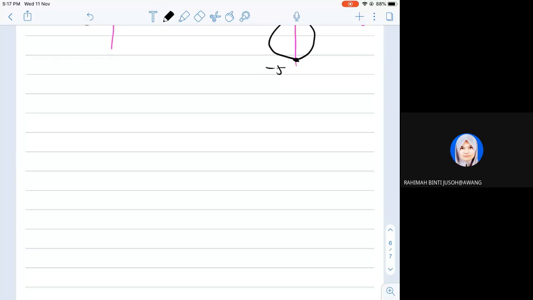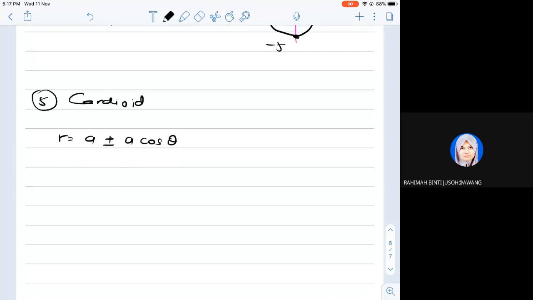Okay, number 5, cardioid. Let me explain to you in detail about cardioid. We have R equals to A plus or minus A cos theta. And then we also have R equals to A plus minus A sine theta.